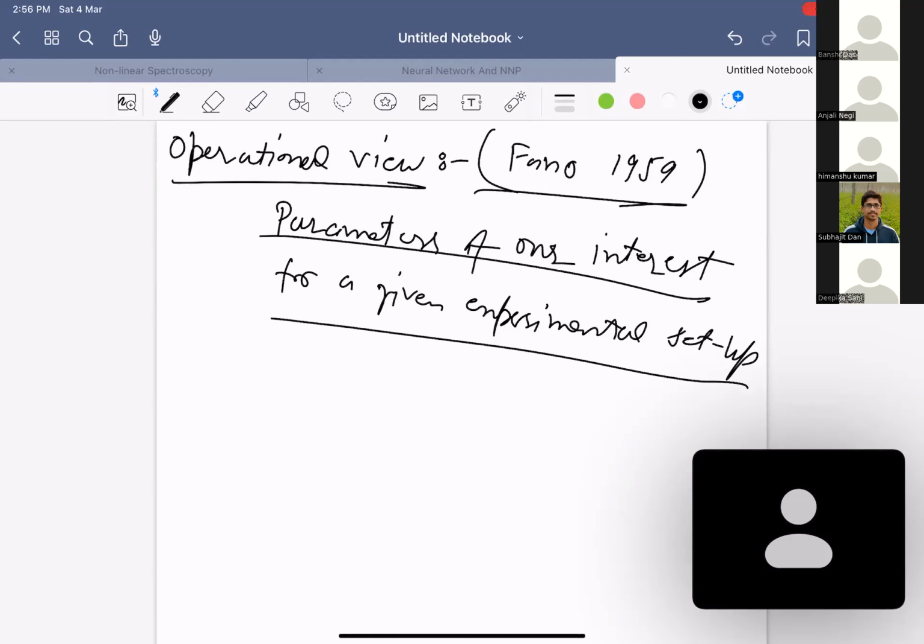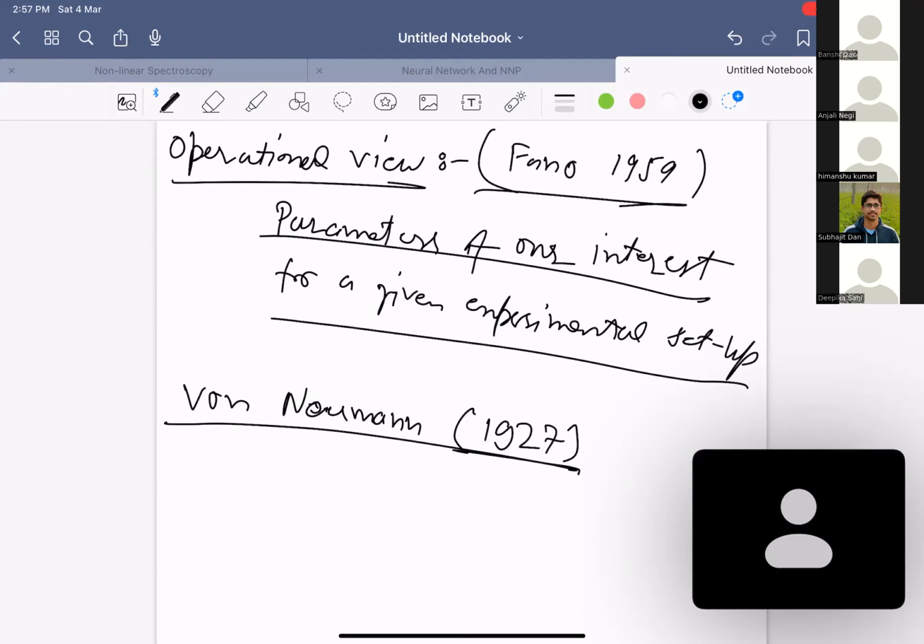And this density matrix was introduced by von Neumann in 1927 to introduce those statistical concepts in quantum mechanics.